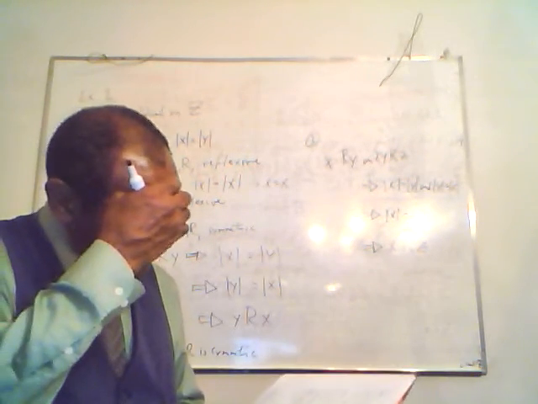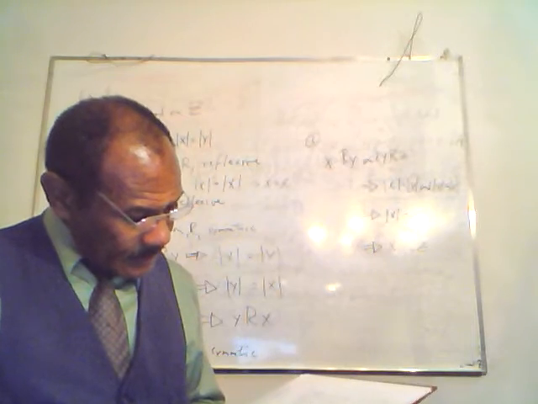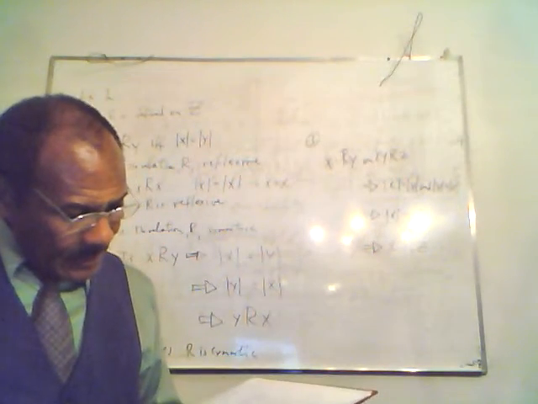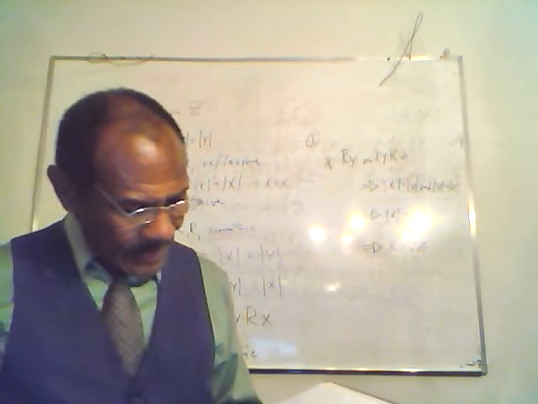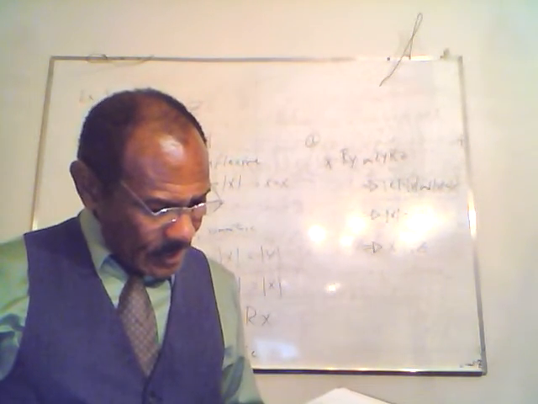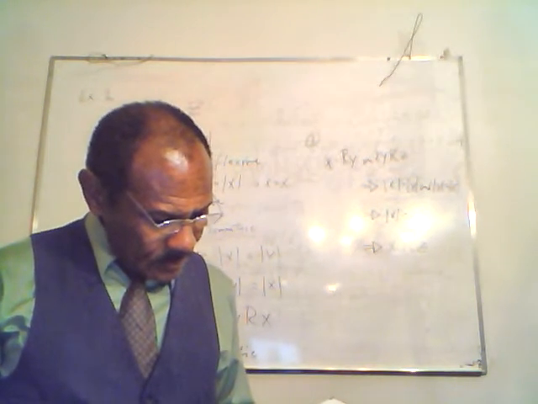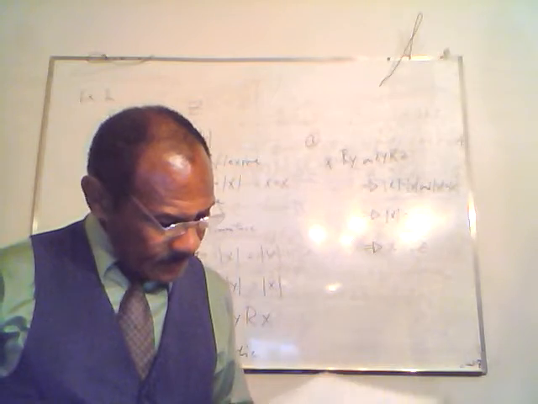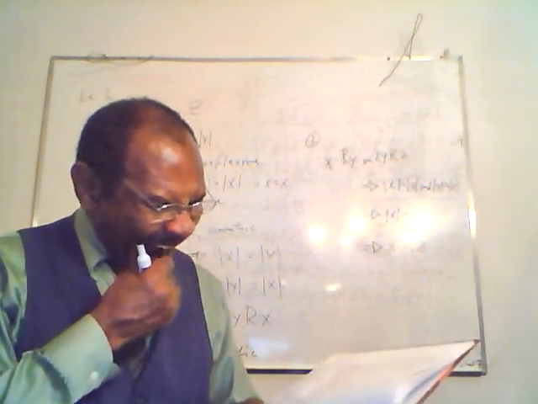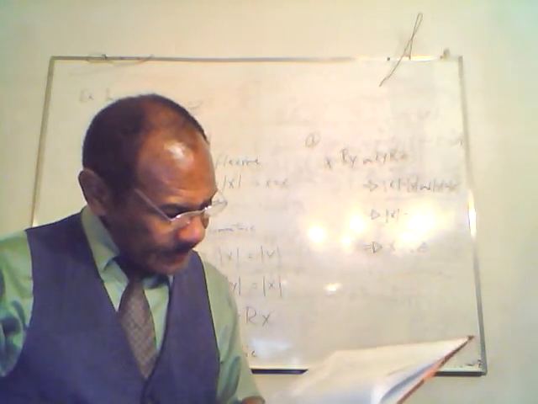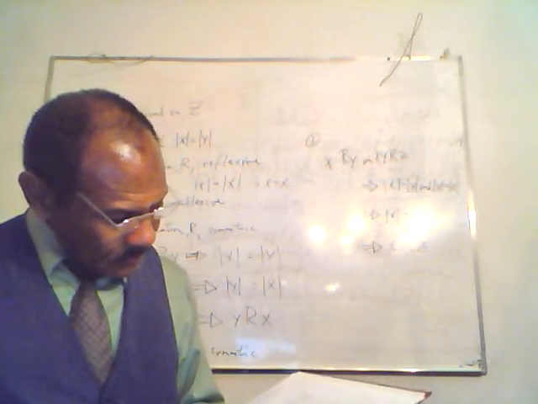Number 2, x is identical to y modulo 4 implies that x minus y equals 4k for some k in Z, which implies that y minus x is equal to 4 times negative k, and negative k is in Z, and that implies that y is identical to x modulo 4.